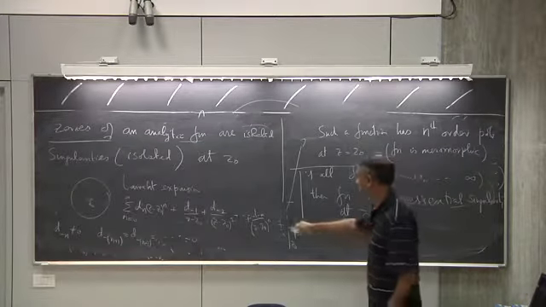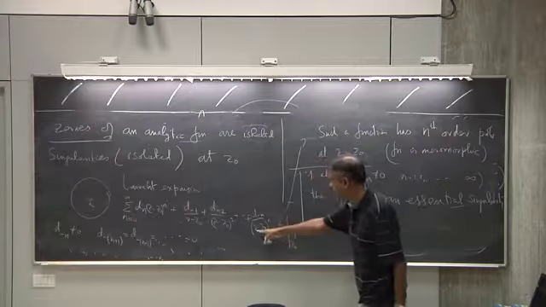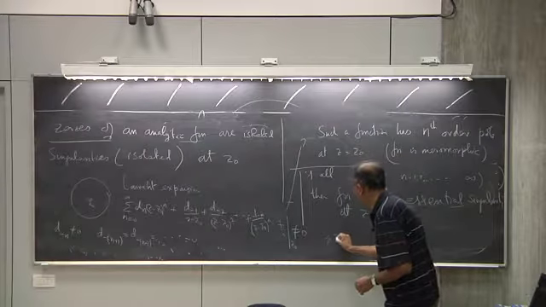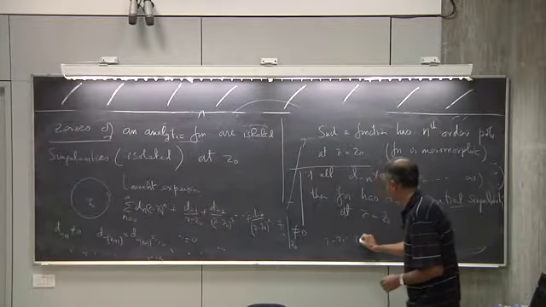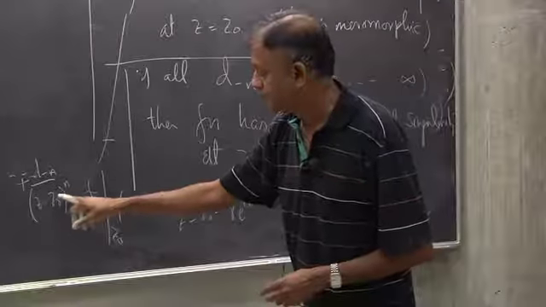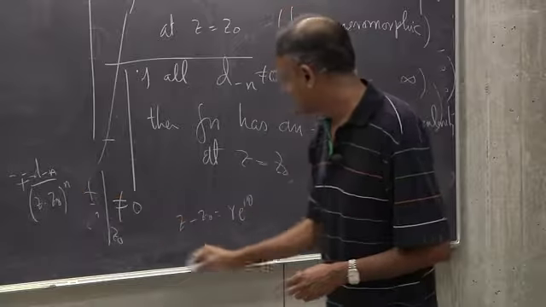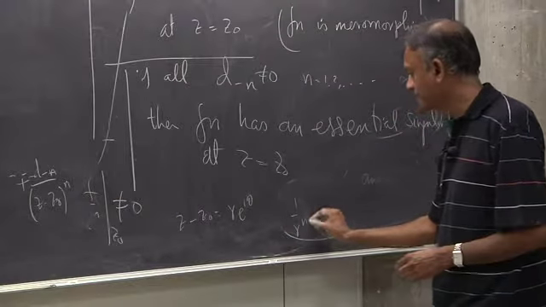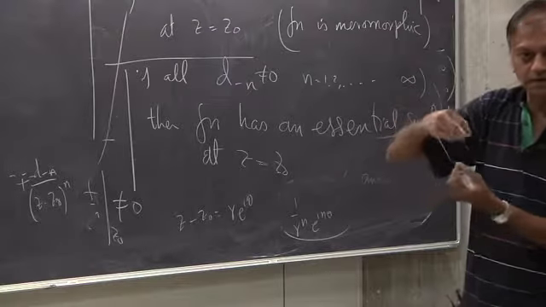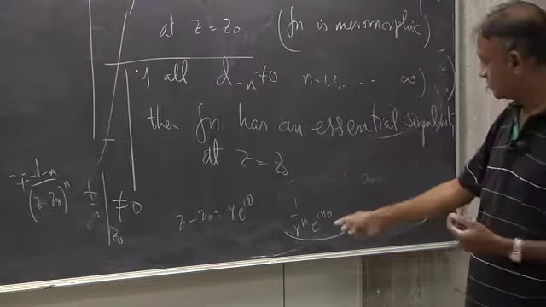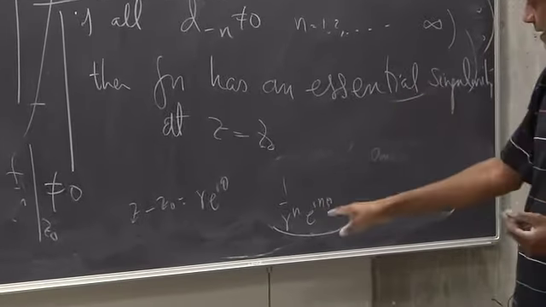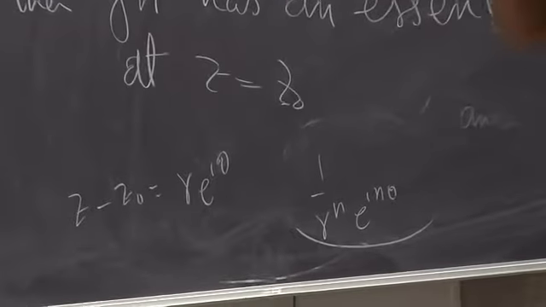Essentially you can see that if you go to polar coordinates around z equal to z0, you write z minus z0 equal to r times e to the i theta. Then if you have all possible powers here, you have singularities of the type 1 over r to the n times e to the i n theta, and as theta goes around it oscillates very violently for larger and larger n. When theta goes from 0 to 2 pi, this wave goes n times.